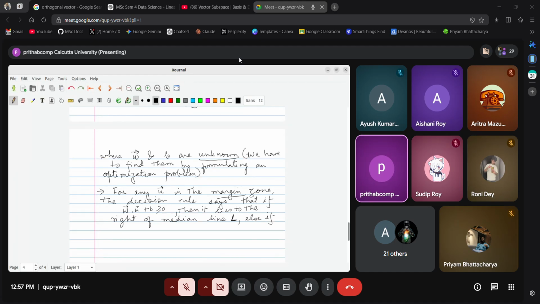Else, if w dot u plus b is less than or equal to 0, then u lies to the left of line L.